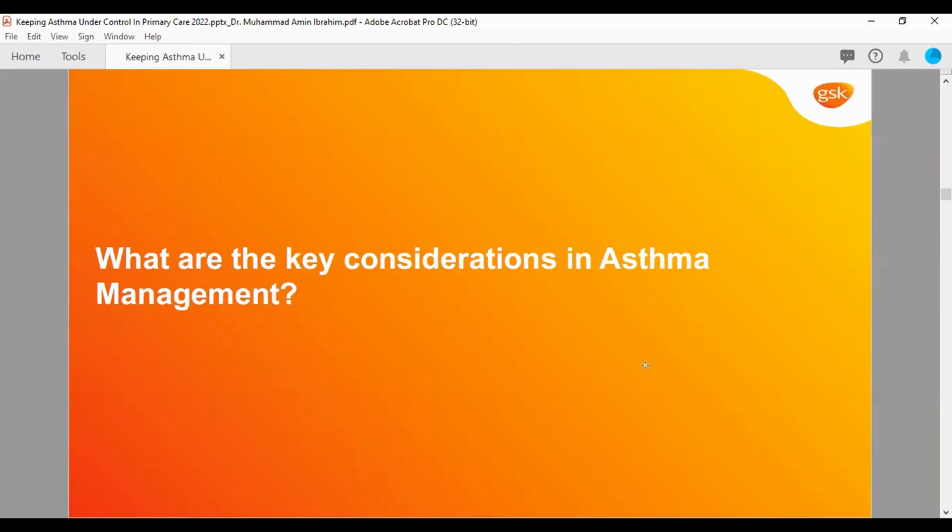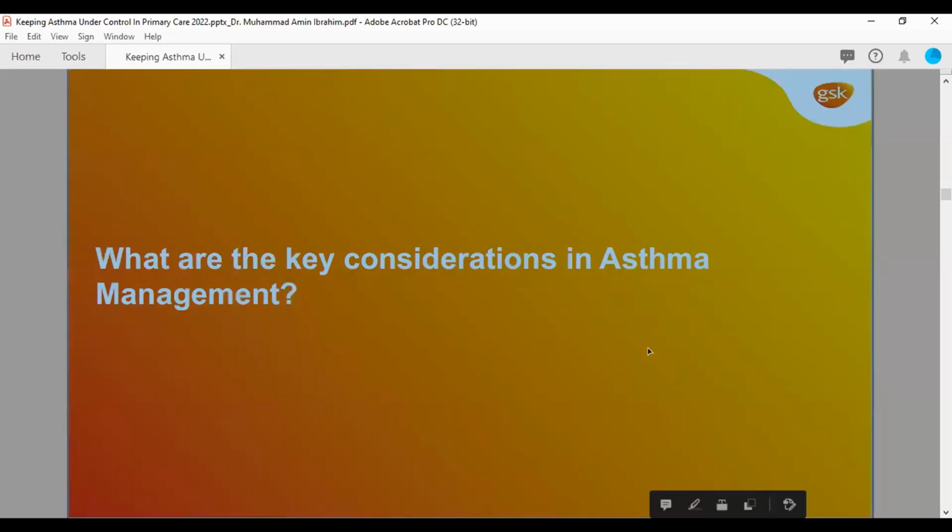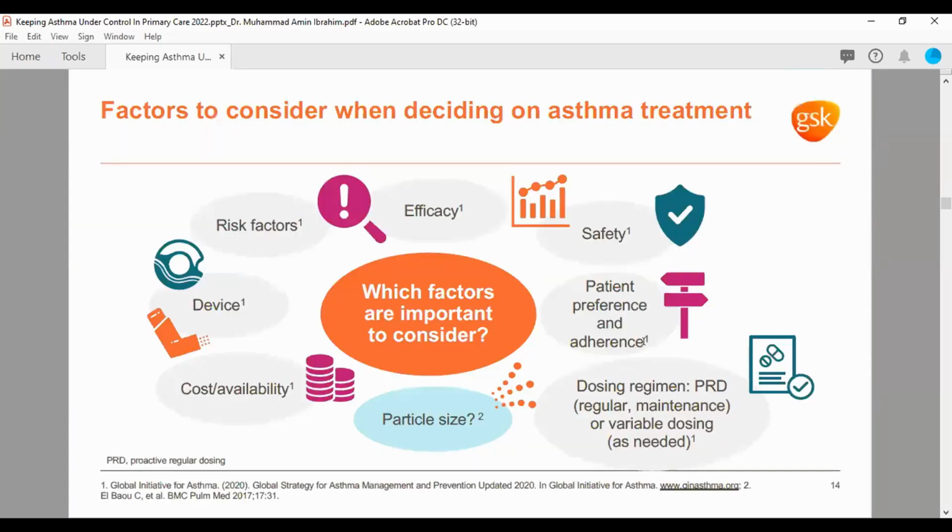So I mentioned to you just now, in the GINA guideline 2020-2021, we have 2 separate tracks. What are the key considerations to choose whether track 1 or track 2? It's not that straightforward.